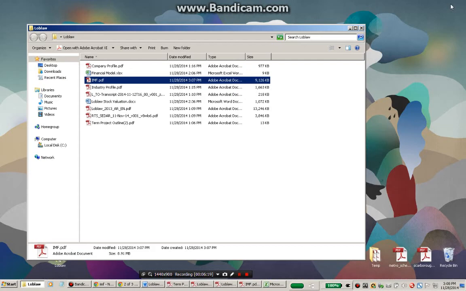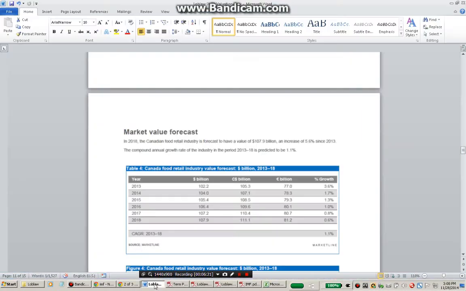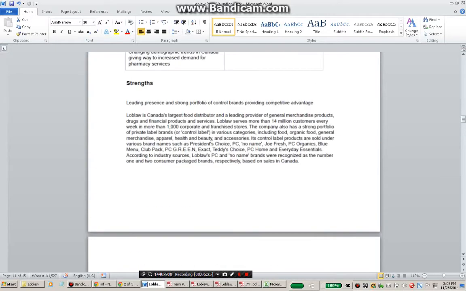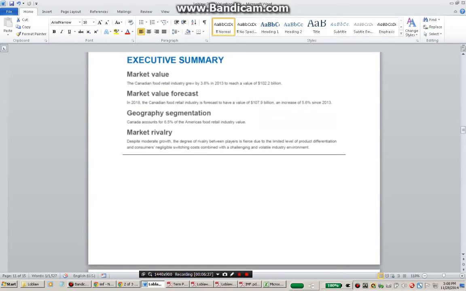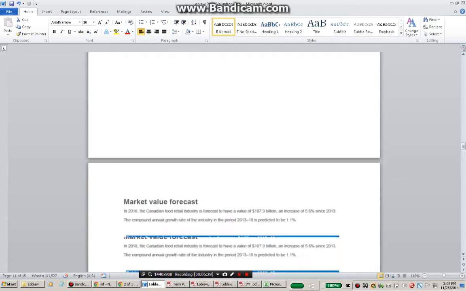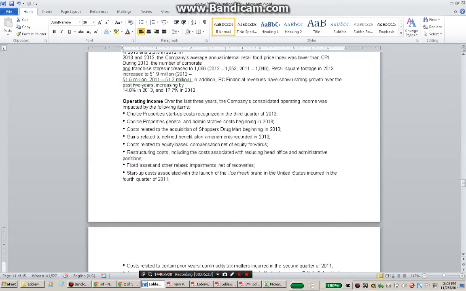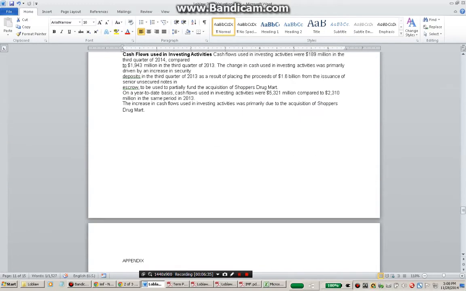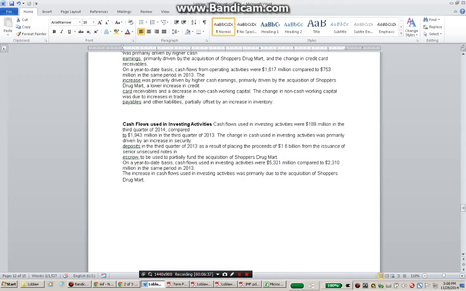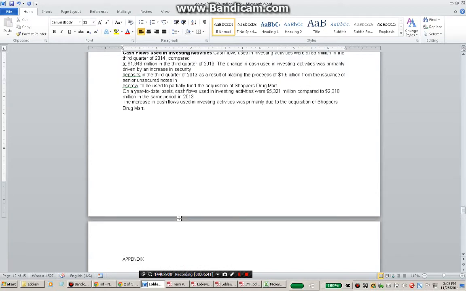But then we remember that the population was growing at like 1.2% or something around there in our industry outlook. So just put appendix forecasts. Okay, so we have to forecast sales growth.